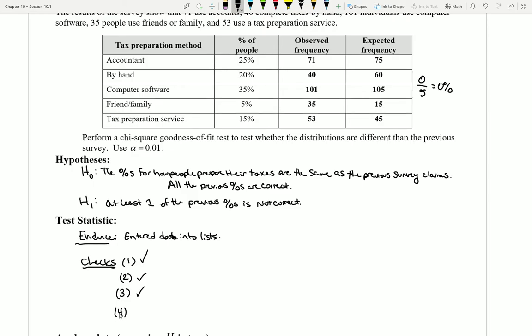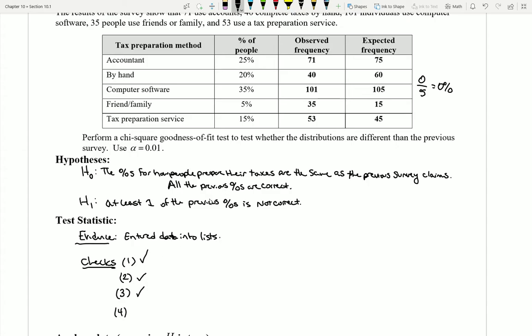Number 4 is often the one that seems to be the most tricky to check, only because we sometimes get tripped up by what it asks with sampling without replacement. If I'm sampling without replacement, remember that that means that I'm not going to survey any individual multiple times. I'm not going to survey them and then replace them back into the group of individuals that I'm going to continue to ask questions to.